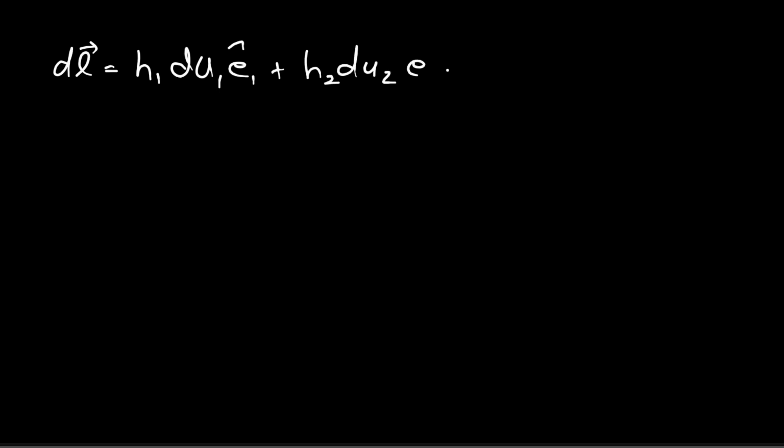Let's suppose you want to find out the dl element, or dr element. Dl element is simply h1 du1 e1 plus h2 du2 e2 and h3 du3 e3 component.